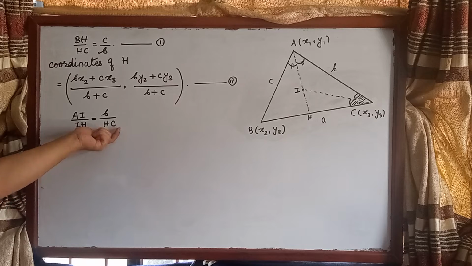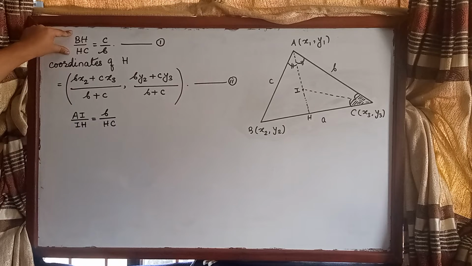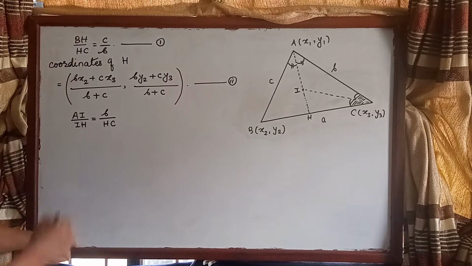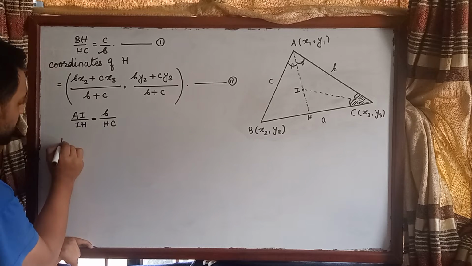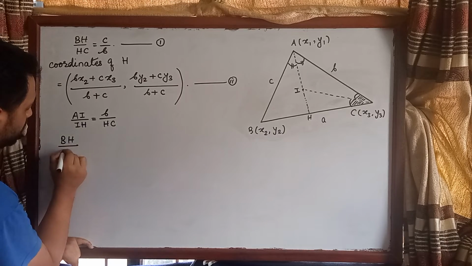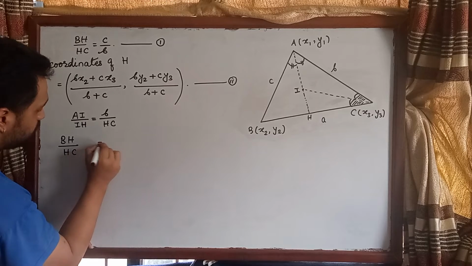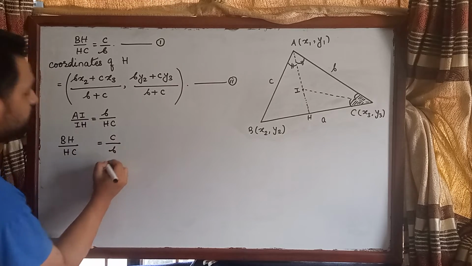And to evaluate HC, let's look at equation 1 once again. All right, let's see, what can we do? BH over HC is equal to C over B, right?